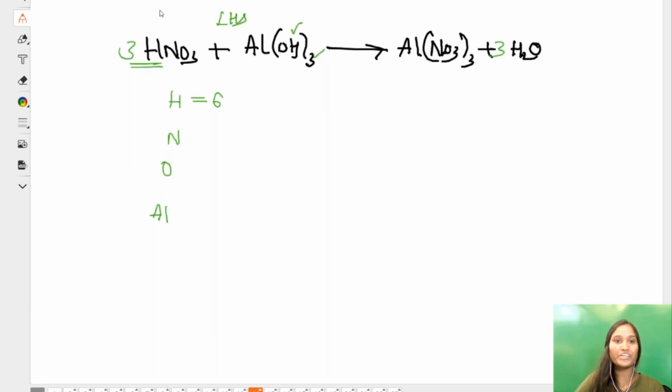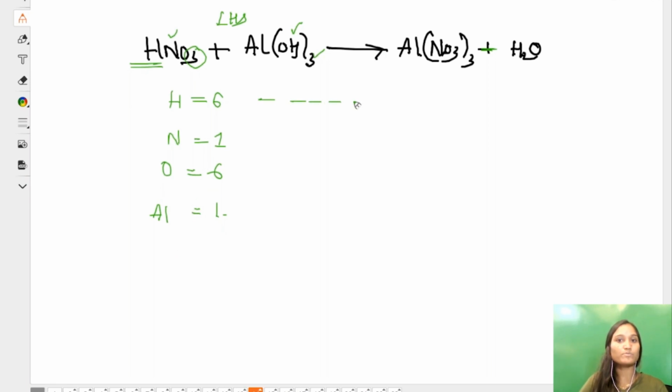Then how many nitrogens? We have 1 nitrogen. I already have written the answers. Please don't focus on them, those who are stuck. Just focus on the way we are balancing. There is only 1 nitrogen. And oxygen: 3 oxygens here plus 3 here, 6 oxygens, and aluminium only 1, right?